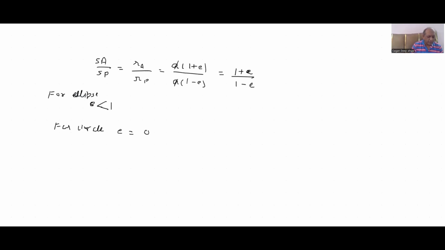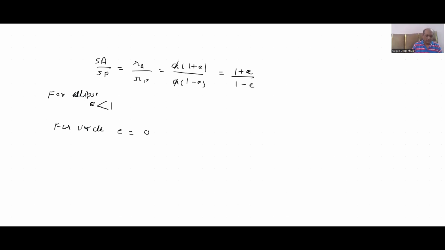Because in a circle, the focus S coincides with the center. So that's why the eccentricity is taken as 0. For a circle, the two foci merge into one, and the semi-major axis becomes the radius of the circle.